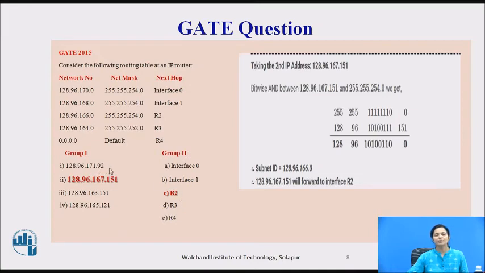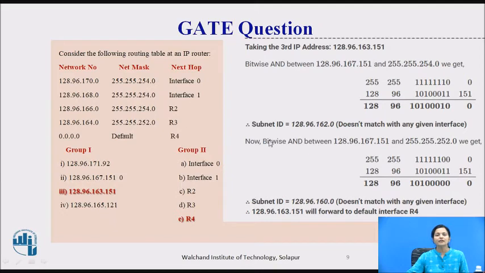So first we matched with A, second we are matching with C. Now like this we will find for the third one. In the third one the address is 128, 96, 163 and 151. We mask with 255, 255, 254.0.